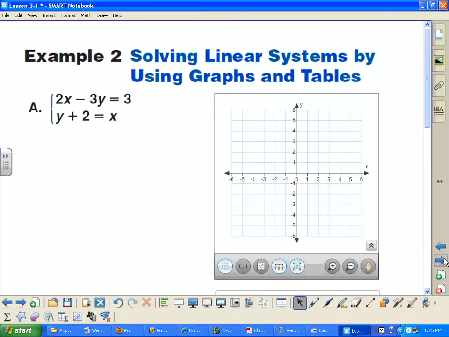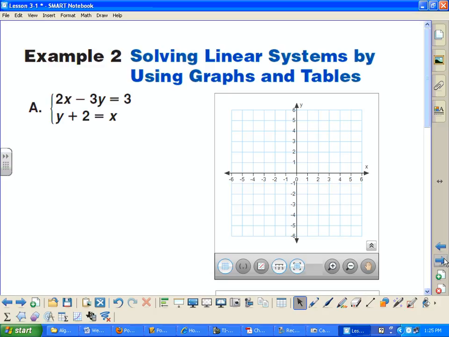Now we're going to look at using tables and graphs to solve them. When we make graphs here, you have to have them exact. That means you're going to have to use graph paper, and you're going to have to make sure all your stuff is exact. Otherwise, the points you get will not work.